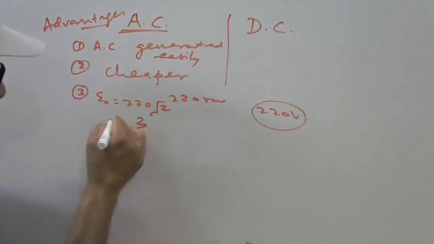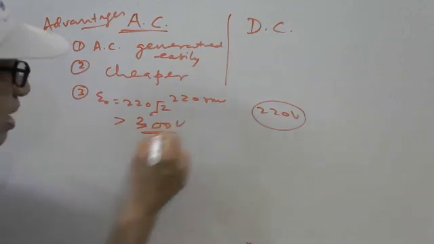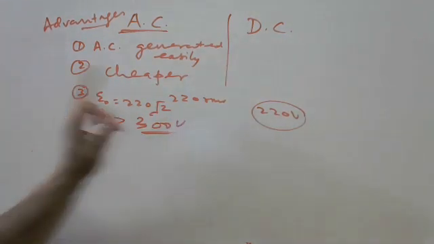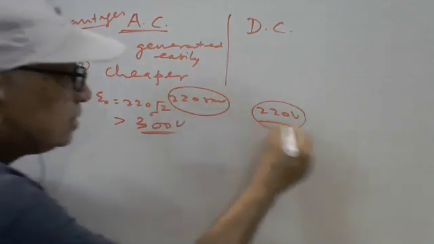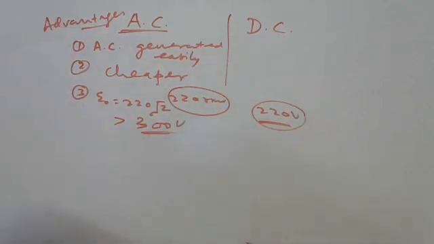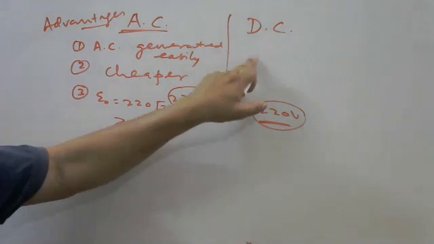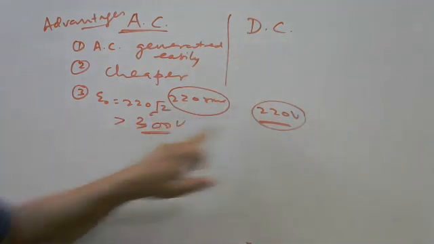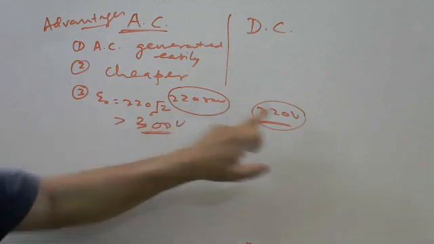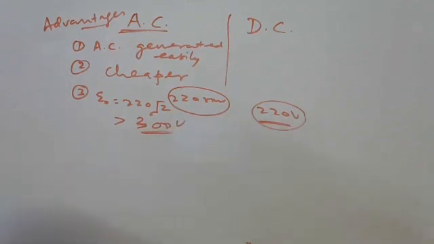This means the maximum voltage in AC is more than DC, although the RMS value and the DC voltage are both the same. So in terms of peak voltage, AC is more dangerous. In some sense DC is also dangerous, but for the same voltage, the peak value of AC is more than the DC voltage. Okay?